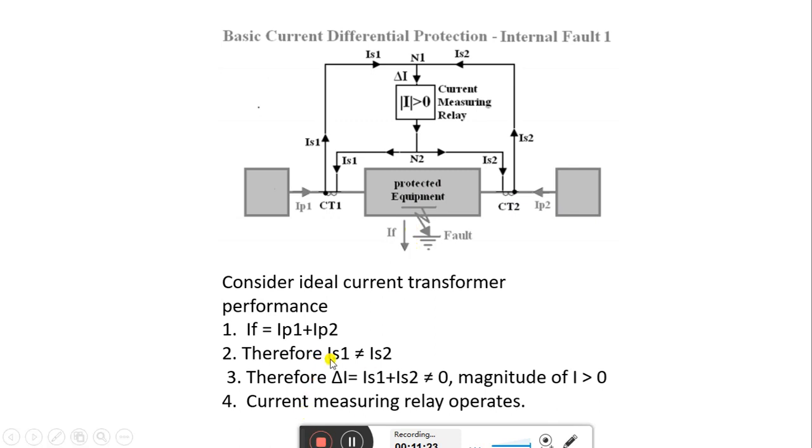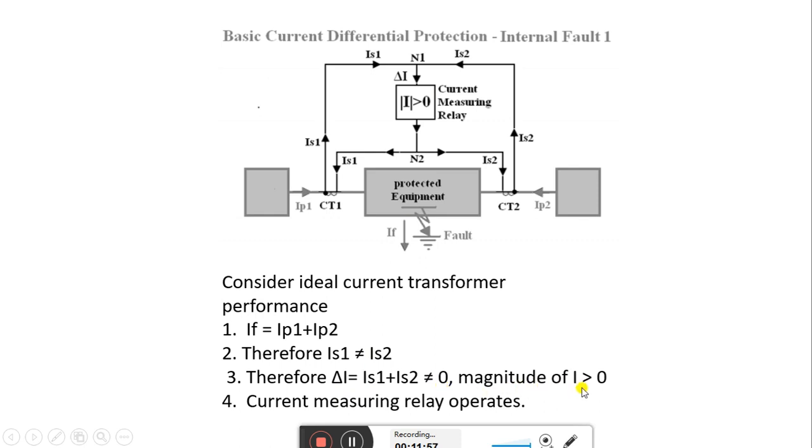Therefore, the currents which were flowing through the CTs, that is CT1 and CT2, will not be equal. That's why it is written here that IS1 is not equal to IS2. So the net current, that is delta I, will be IS1 plus IS2, and that will not be equal to 0.